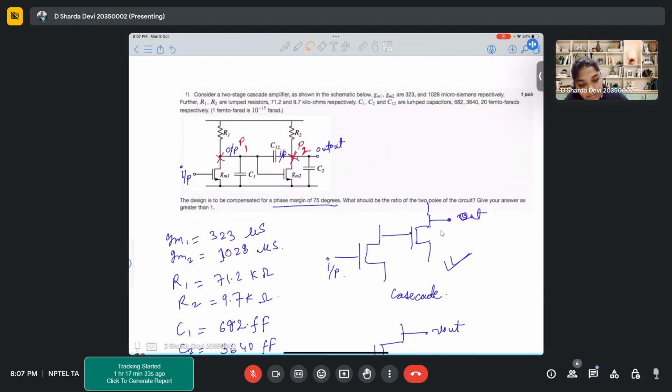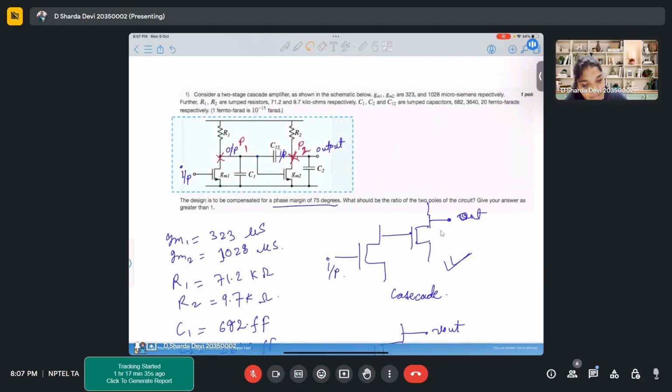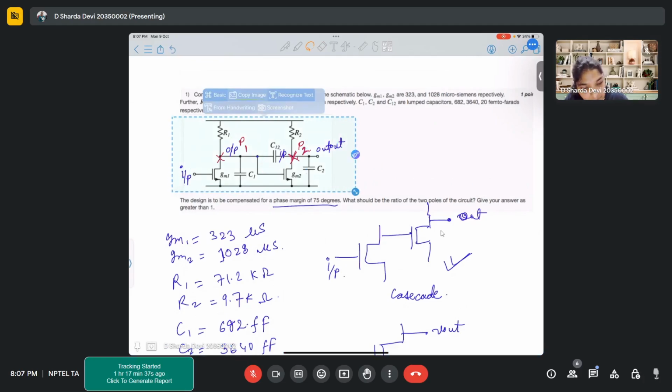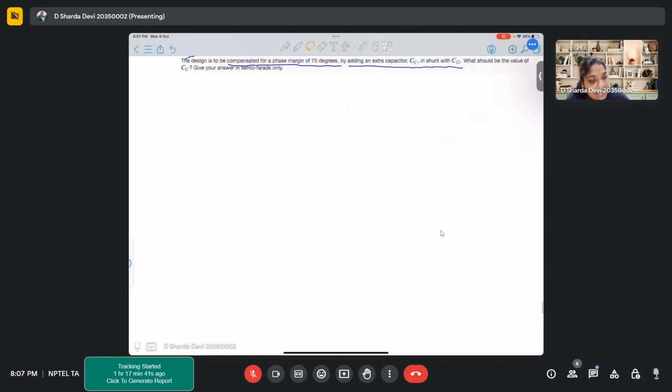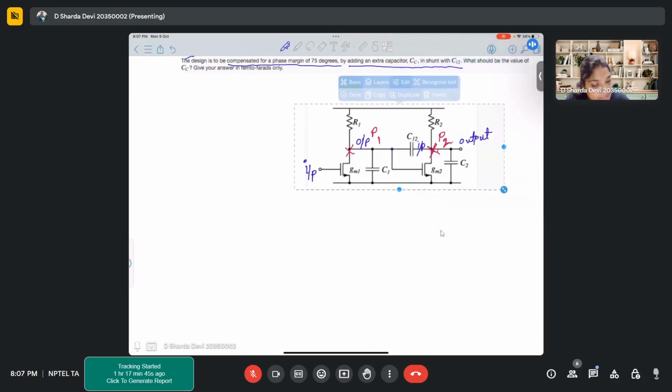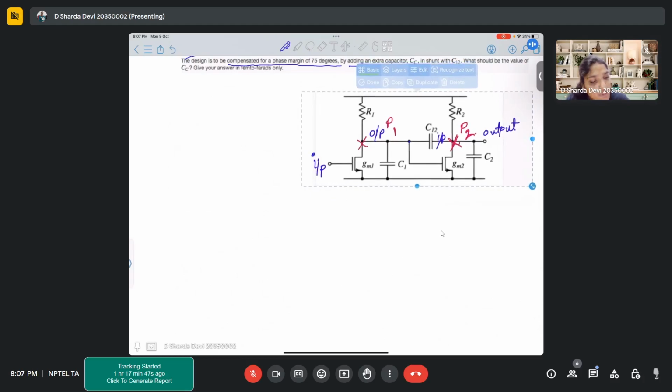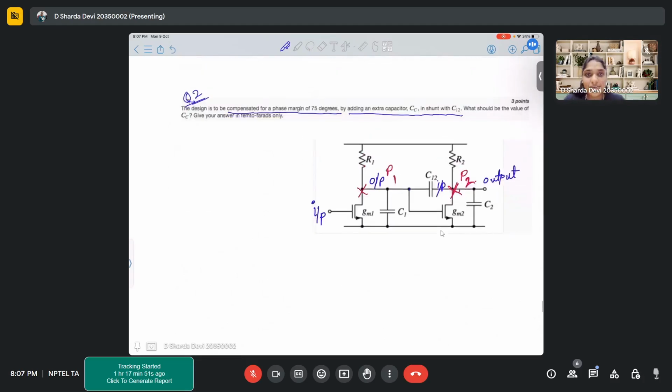So let me take the snippet, copy image, screenshot. Yeah. So as I discussed, what they want to do in this particular question, they want to compensate this circuit for a phase margin of 75 degrees by introducing an extra capacitor CC in shunt with your C12 capacitor.